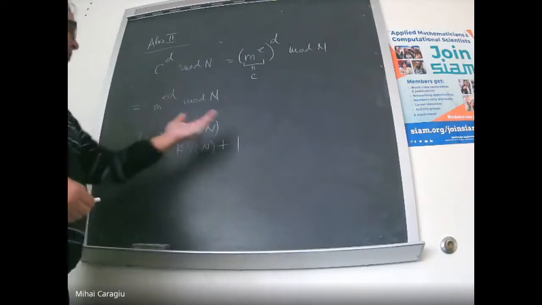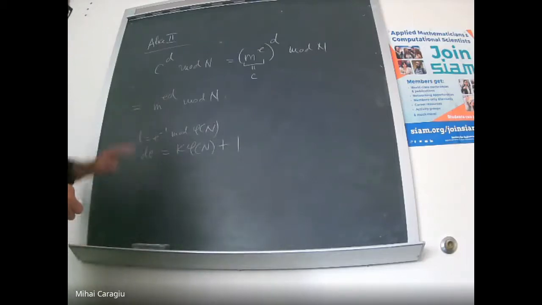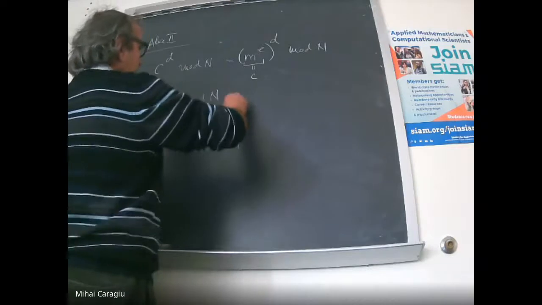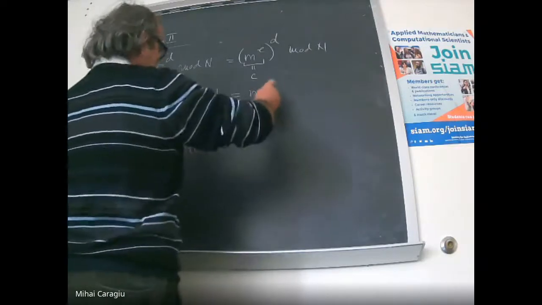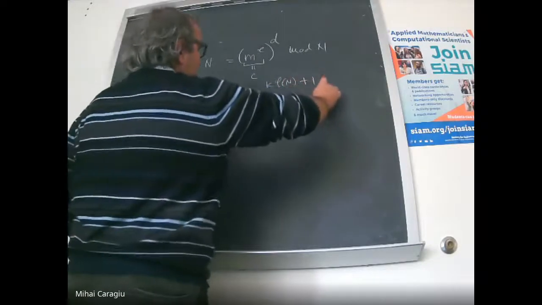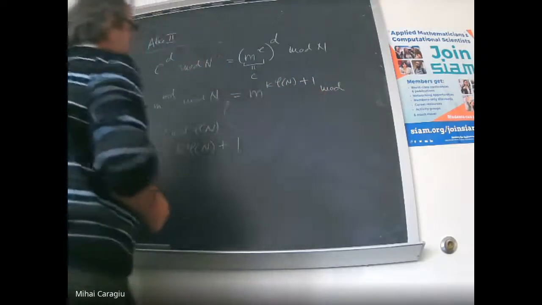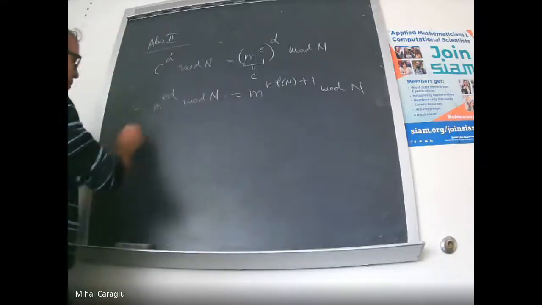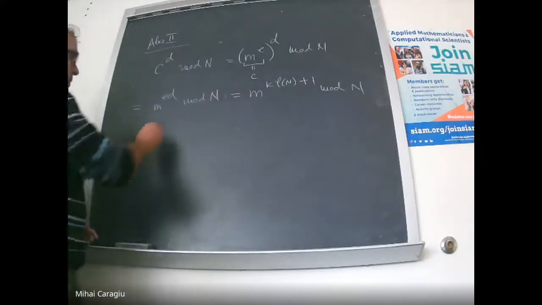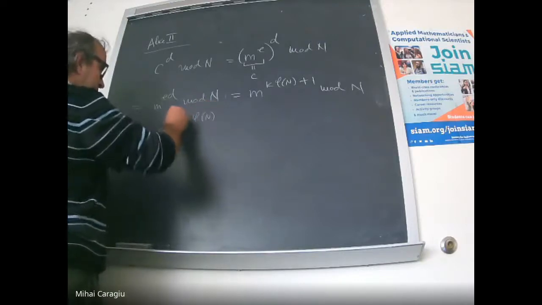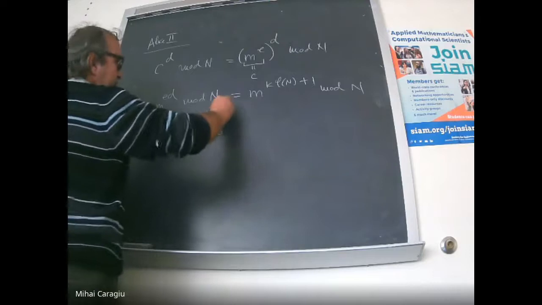So with this information, let me go back into the main course of the formula, and this will be m to the power k times phi of n plus 1 modulo n. And this will be, again using some elementary exponent properties, m times m to the power phi of n, everything to the power k.